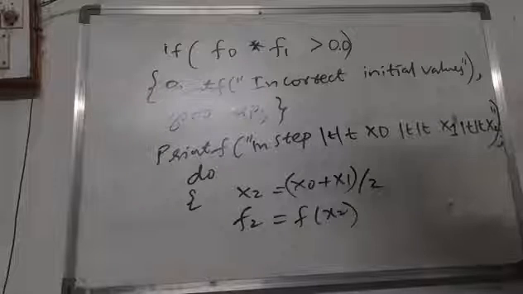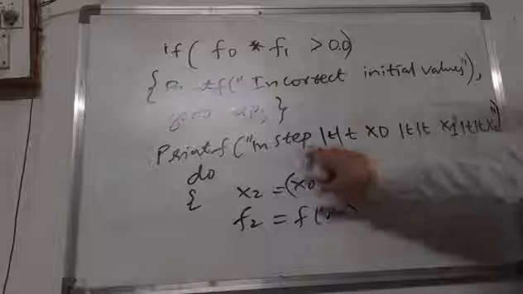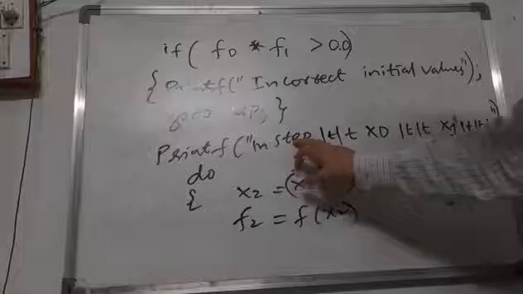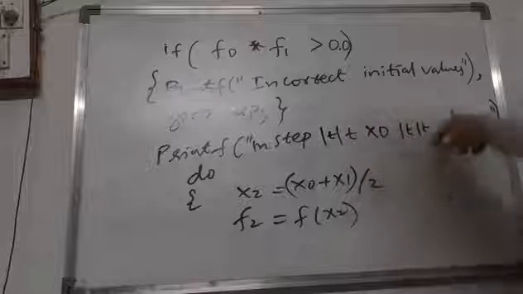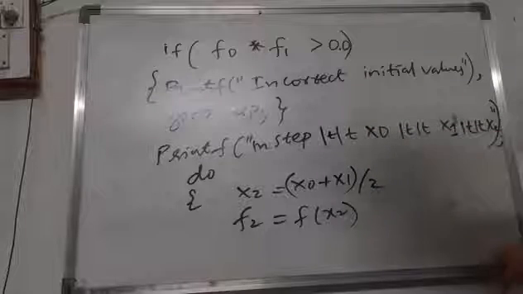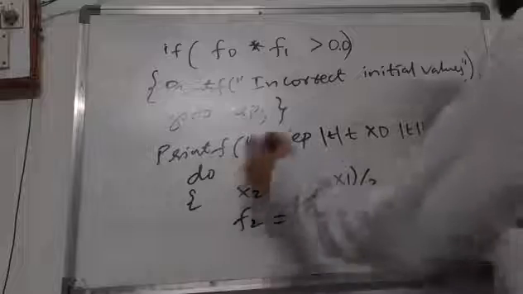After substituting you have to print these values: which step it is, the x0 value, the x1 value, and the x2 value you have taken. These three things you have to print as they are.